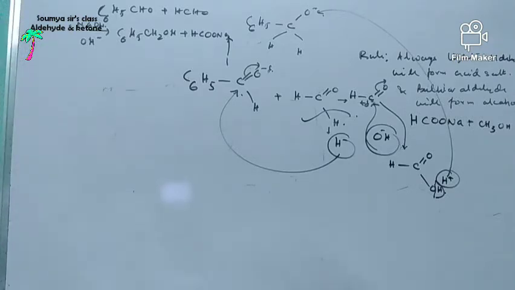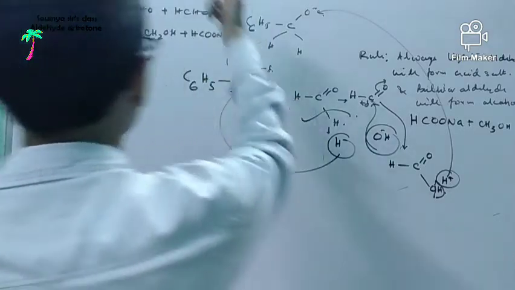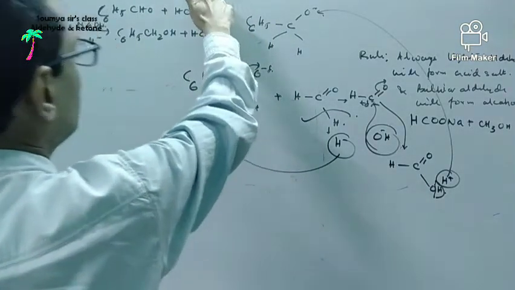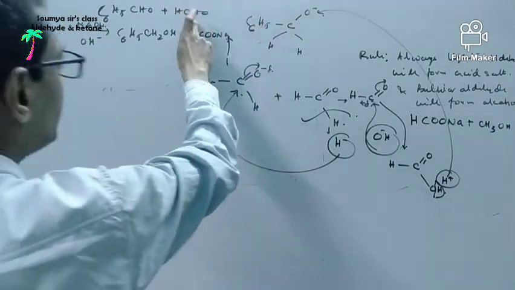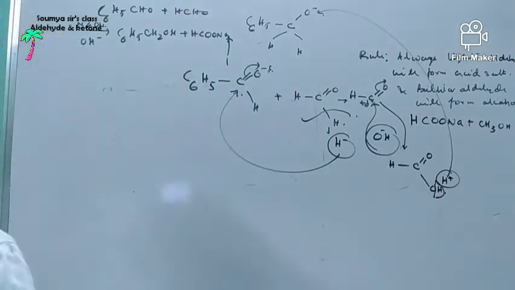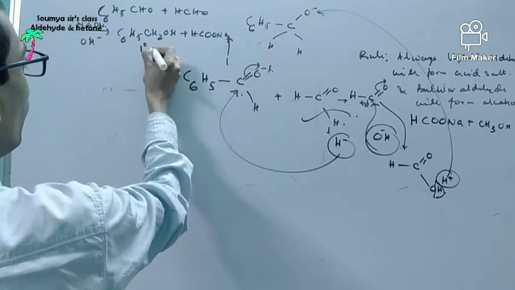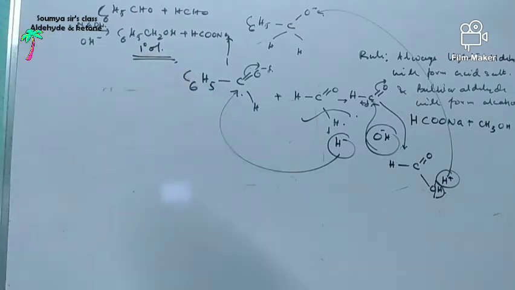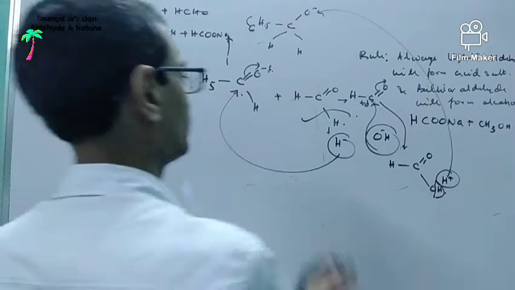Now, these are the mechanisms of Cannizzaro. The rule is: always think of the question, the lighter aldehyde will form acid, the bulky aldehyde will form alcohol. But the alcohol will always be a primary alcohol. This is the mechanism of the Cannizzaro reaction.